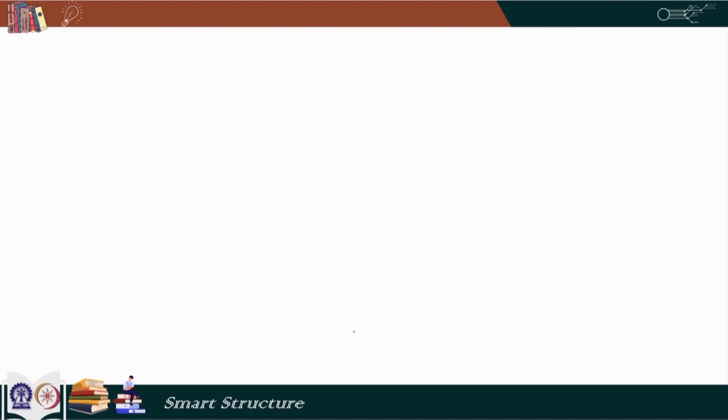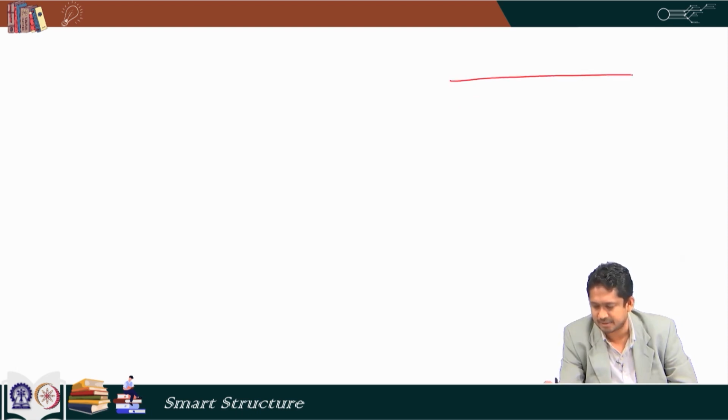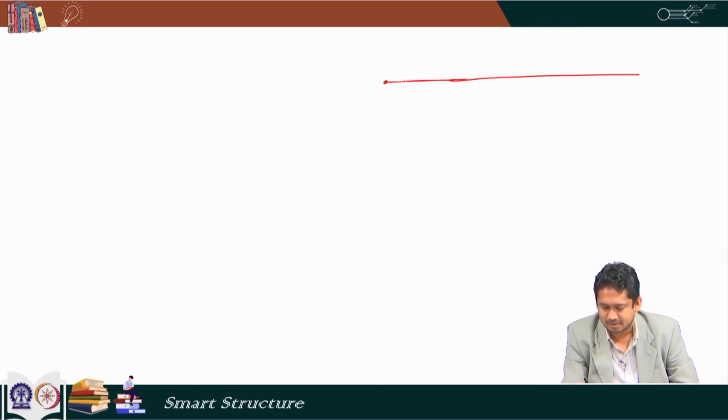Next, we have to do the finite element formulation. So, if we discretize this entire beam into a set of elements, it looks like this.